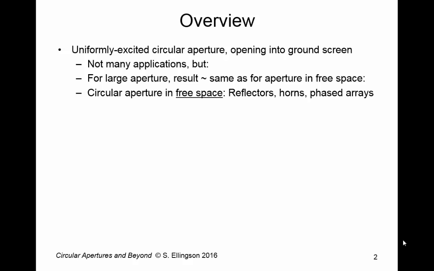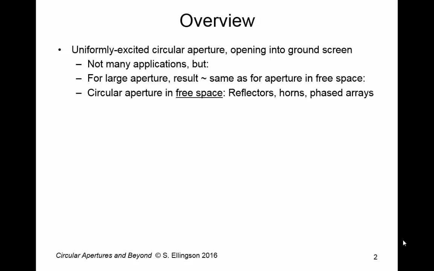The primary topic is uniformly excited circular apertures opening into a ground screen. We covered a similar topic pertaining to rectangular apertures, and in that lecture I noted that there weren't too many applications, and the same is true here. But also, as in that lecture, the reason for doing this is that there is relevance to other things we are interested in.